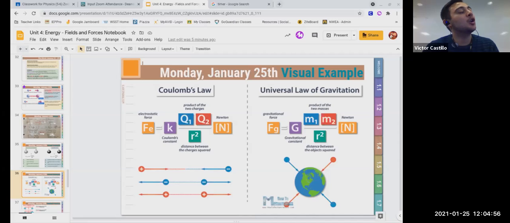As you can see, Coulomb's law tells you that opposites are attractive, and the same charges are repulsive. Whereas the universal law of gravitation, we know it's gravity, so it's only attractive, so it only pulls towards each other. I think that's a really cool visual to see. So when you get the chance, especially when you do your assignments, look at slides 35 and 36. It'll give you a lot of insight on how to complete the assignment. We're going to go to slide 37.